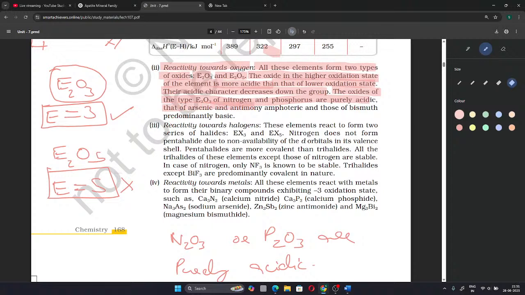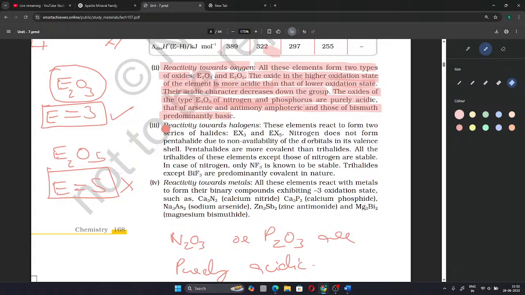That of arsenic and antimony are amphoteric, meaning they can react with both bases and acids to give salt and water, meaning they can undergo neutralization reaction with both acids and bases. And those of bismuth are predominantly basic.